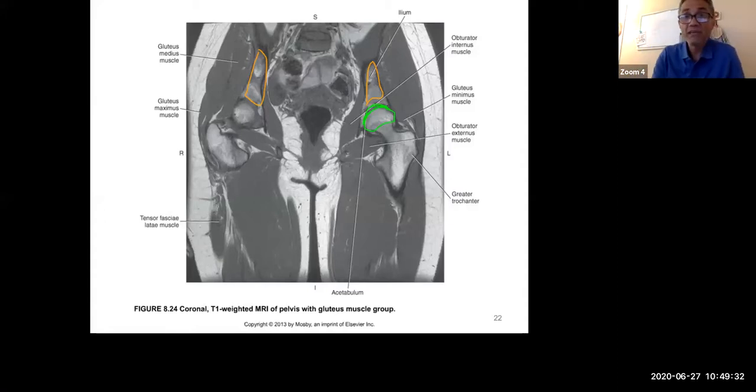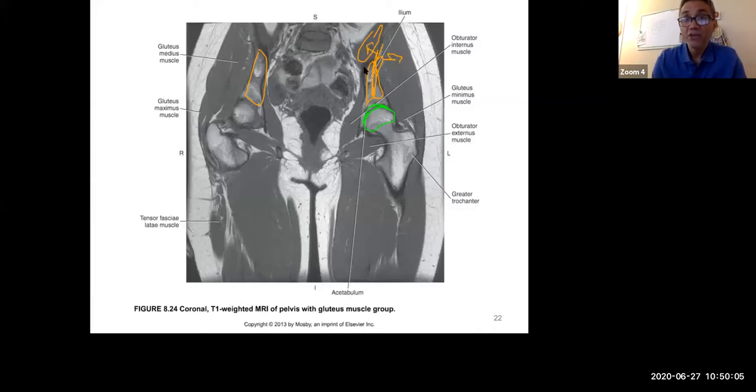The answer will be this one. Even if they did not name it, you'll be able to tell what it is. This is the iliacus, or you could say ilio-psoas. So it doesn't matter, you need to point. This is the ilium bone. Toward the outside is gluteus. Toward the inside is what?